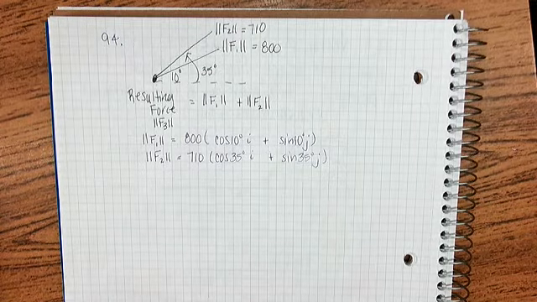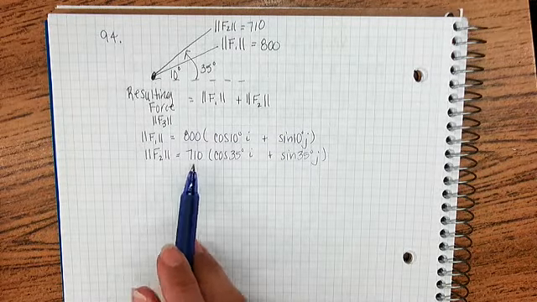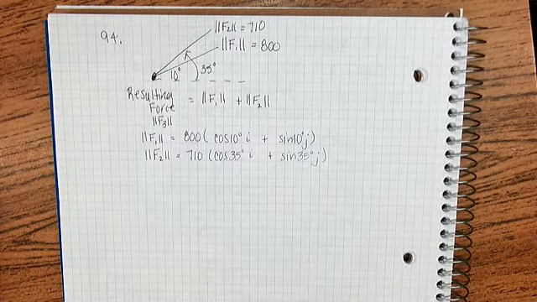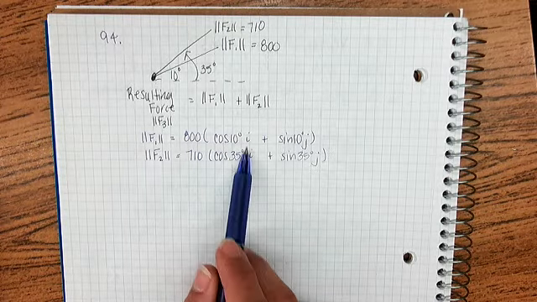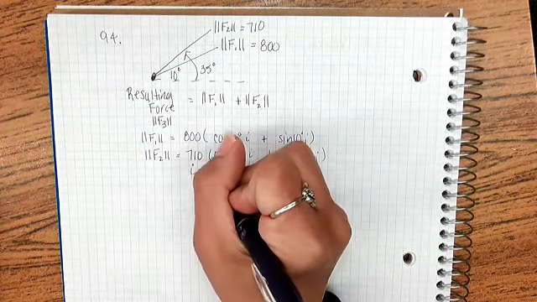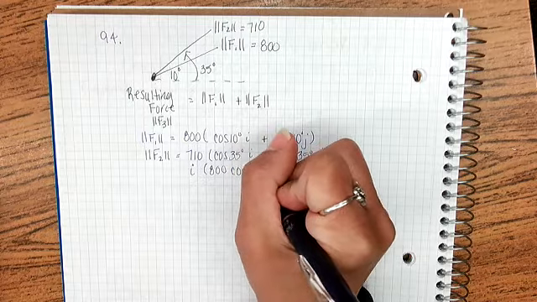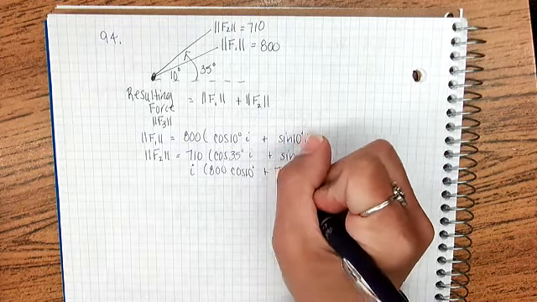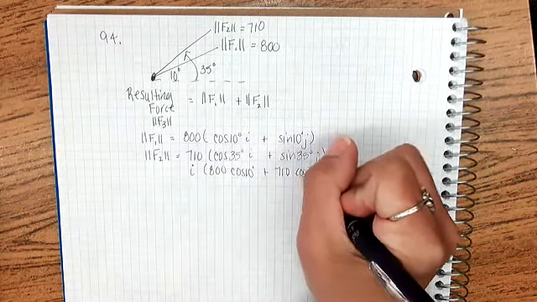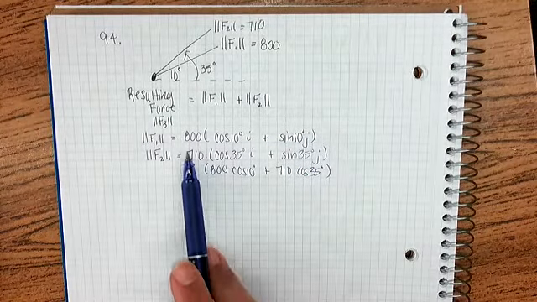All right, so the resulting vector is going to be what happens when I add these two together partially. So let's factor out the I. So this is going to be I times 800 cosine of 10 plus 710 cosine of 35. I skipped some steps here.